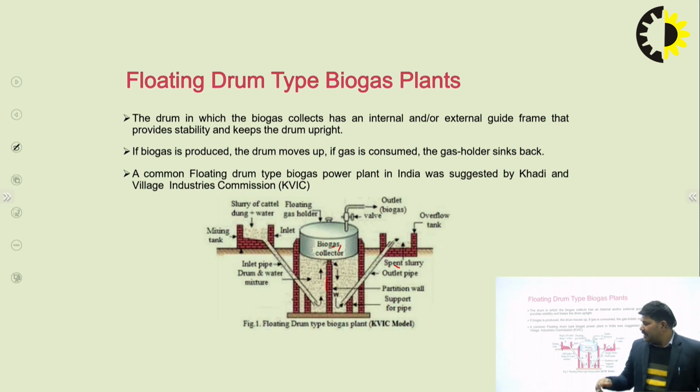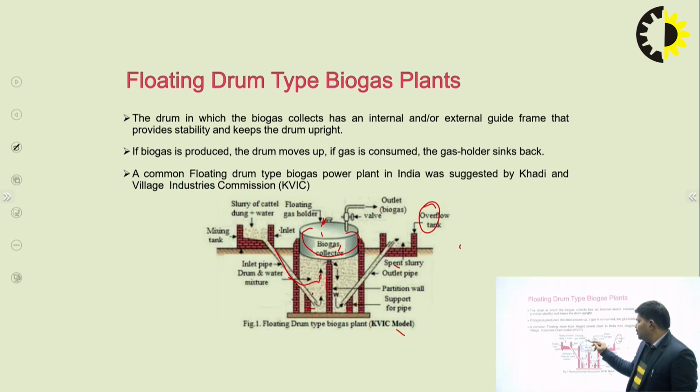You can see again the mixing tank, the inlet, the inlet pipe, then the mixing of dung and water mixture. You can see the support of this pipe on both sides. Then the partition wall, the spent slurry, then the overflow tank is here. Here you can collect the biogas in the biogas collectors and floating gas holders.